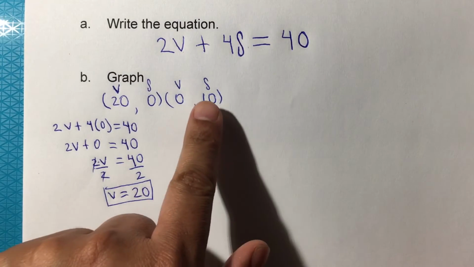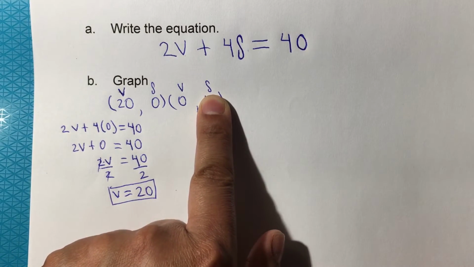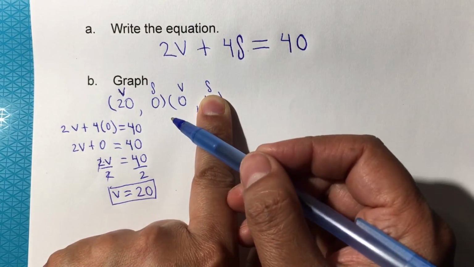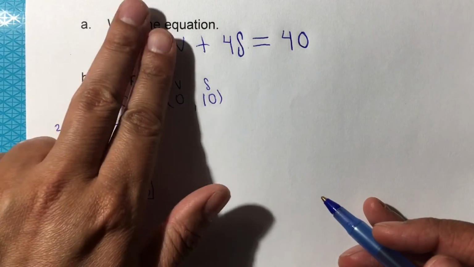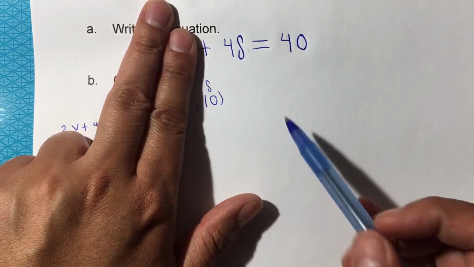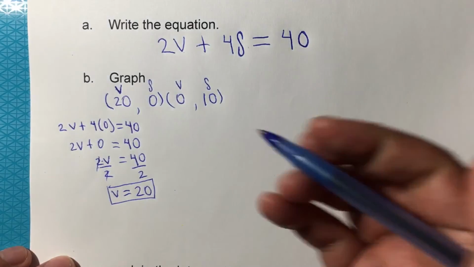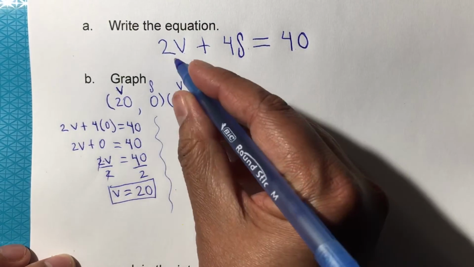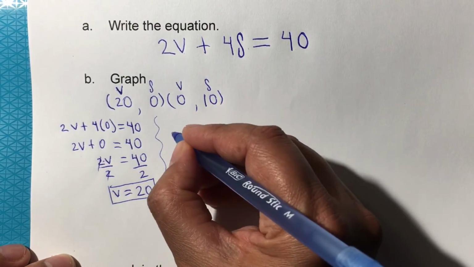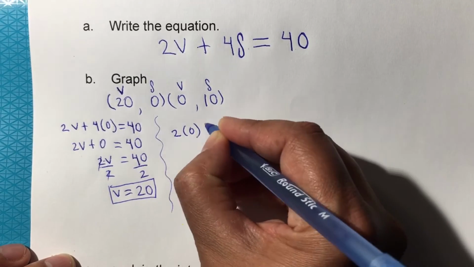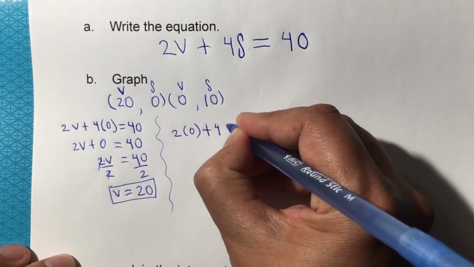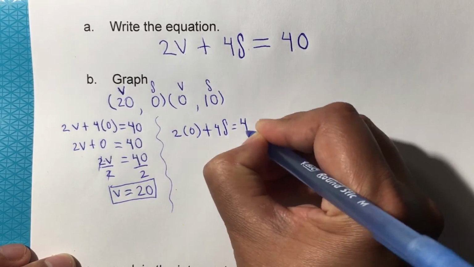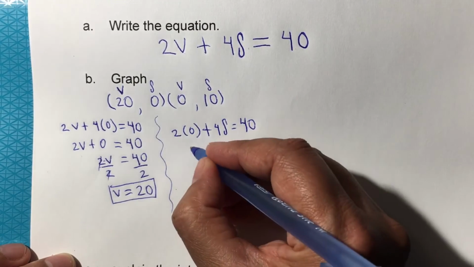Now, when you're trying to find S, V was 0. The opposite was 0, right? So 2 times 0, and I divided. Why is that? Again, 2 times 0 plus 4S equals 40. 2 times 0 is 0.